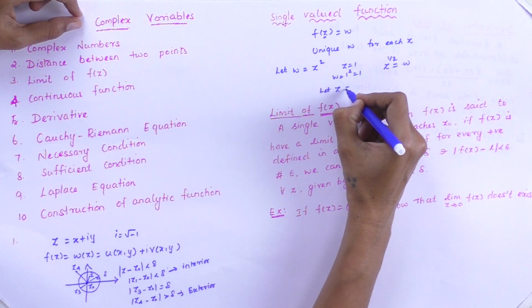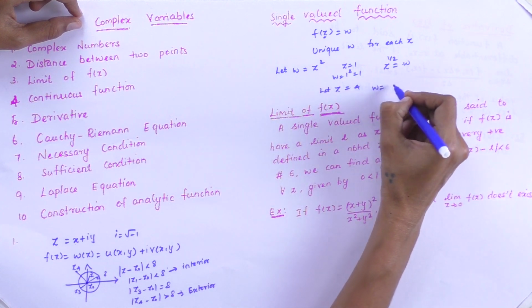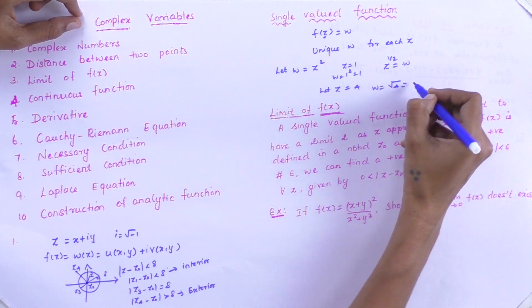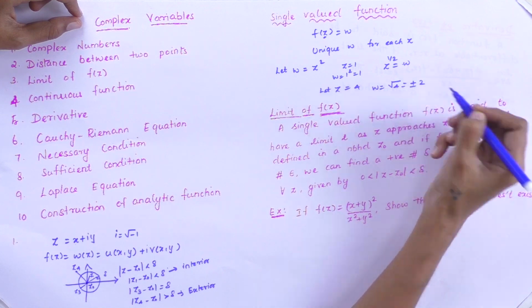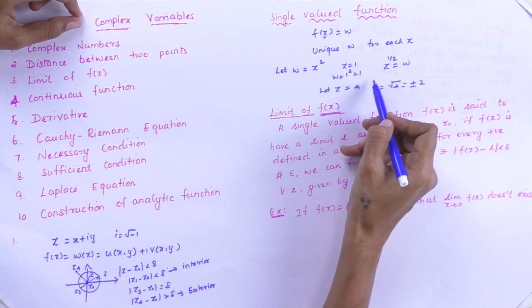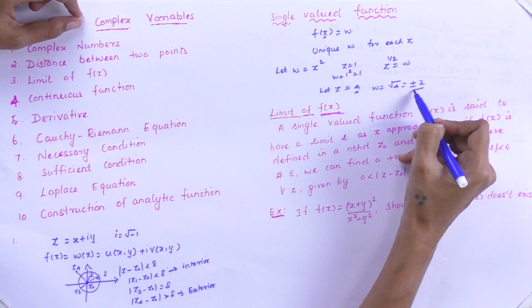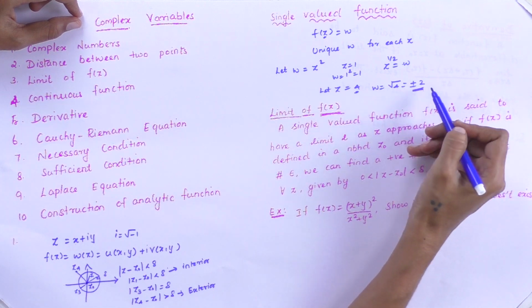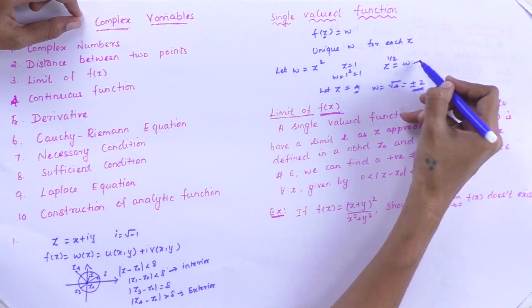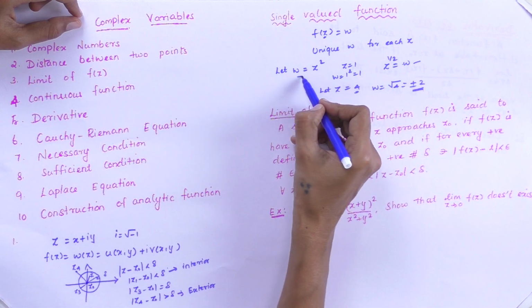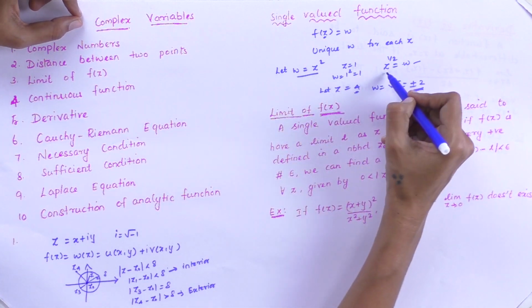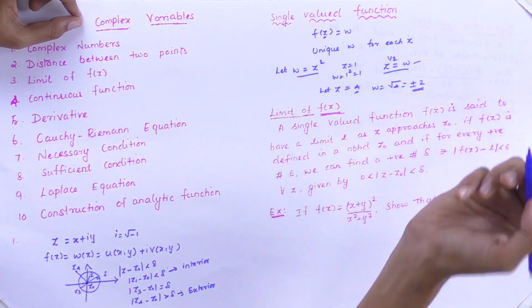Let z equal to 4, then w is equal to square root of 4 is equal to plus or minus root 2. For each value of z, I am getting more than one value for w. Therefore, this is not a single valued function, but the previous one is a single valued function. This is an example for multi-valued function.